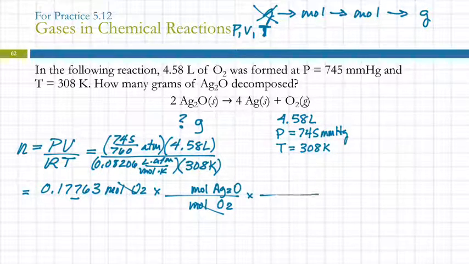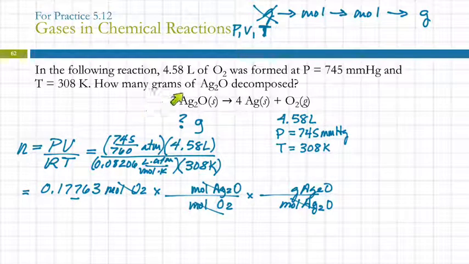And then here I want to get grams of Ag2O, so I divide by moles of Ag2O. The mole ratio comes from the balanced chemical equation. 2 moles of silver oxide give us 1 mole of oxygen. So it's 2 moles of silver oxide for every 1 mole of oxygen.